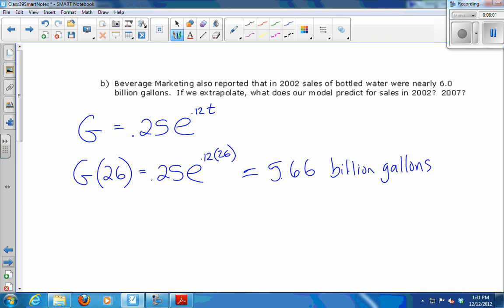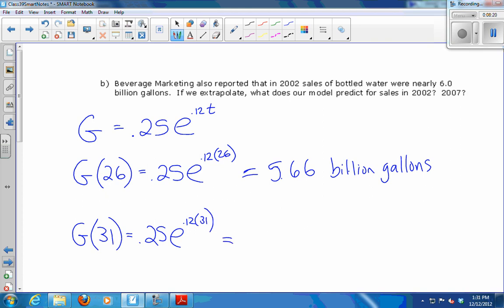And then let's see what the model predicts for 2007. So what number do I plug in for 2007? 31. Yep. So this would be 0.25 e to the 0.12 times 31.